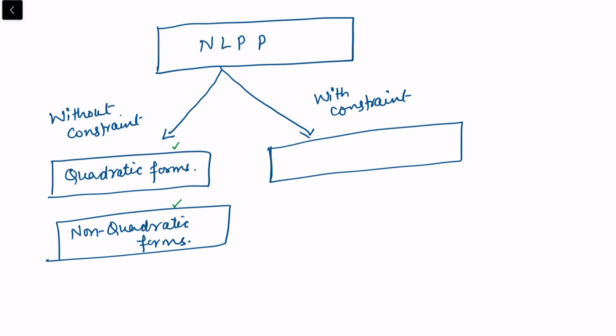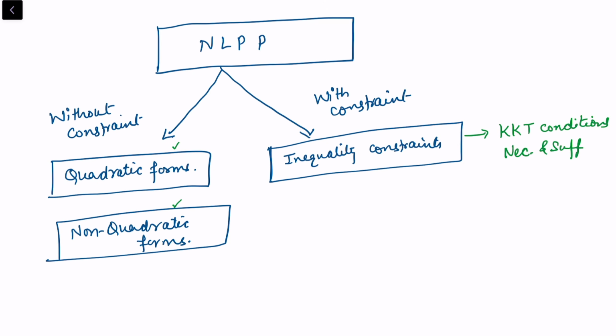Now here with constraint, if the constraints are inequality constraints, in this case we will apply the method which we call KKT conditions or KKT criteria. Now these are necessary and sufficient conditions. So we verify both the necessary and sufficient conditions and substitute.